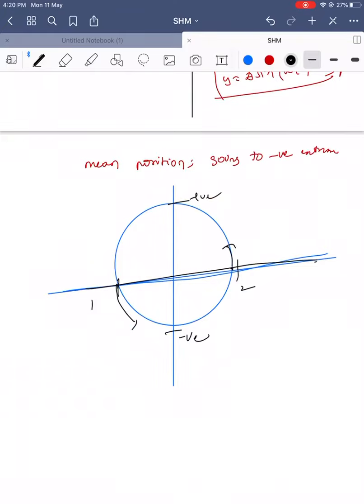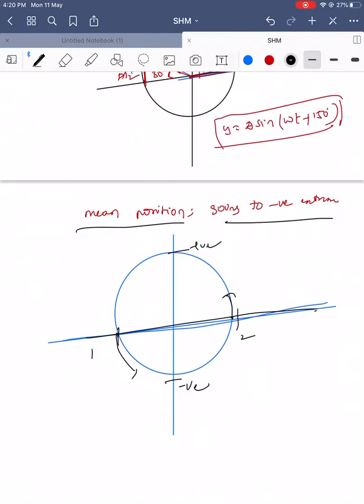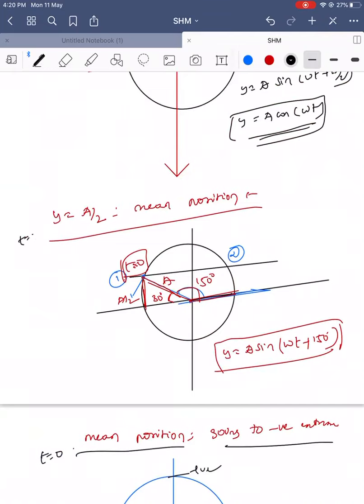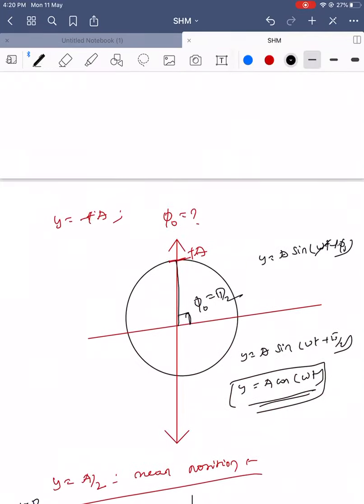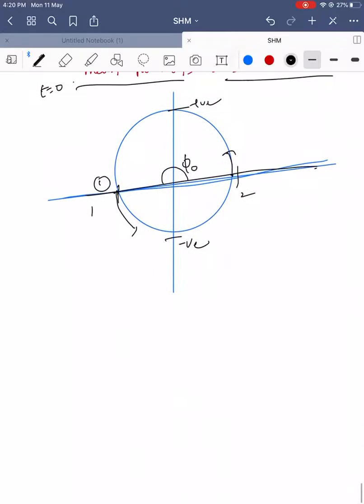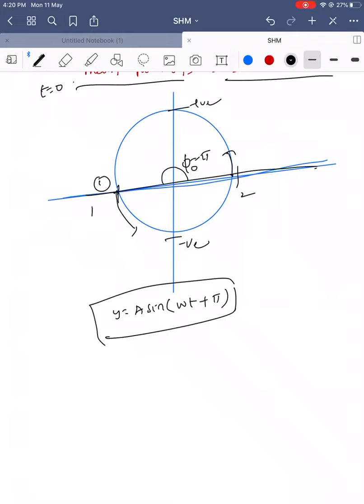According to our question, at the mean position and going to the negative extreme, it is point 1. So phi naught at t is equal to 0 is the mean position at t is equal to 0. So that's why these values have come like this. Now similarly phi naught is equal to pi or 180. So y is equal to a sin omega t plus pi is the equation of this curve.